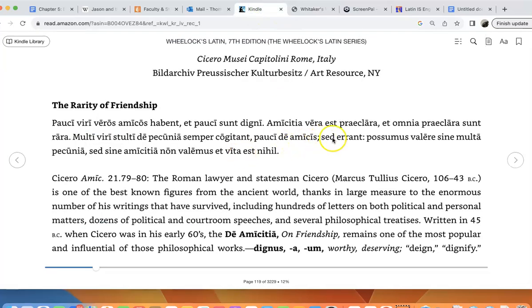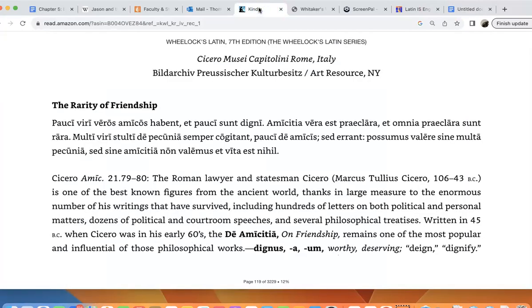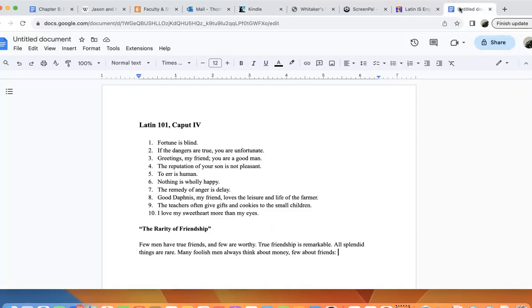So, few about friends, but they are wrong. It's just a semicolon there. But they err. Okay, you could say they are wrong too. And then we are able.